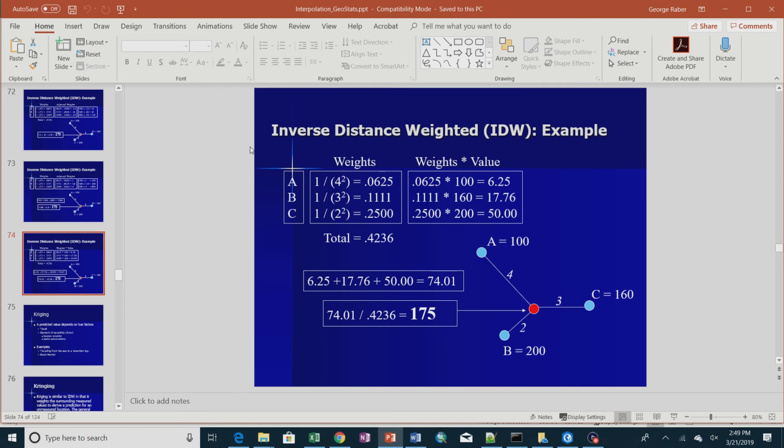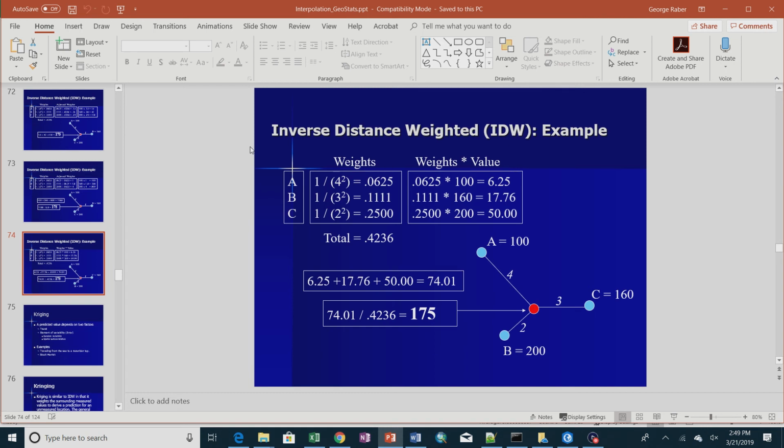Okay, just to let you know, it's not mathematical wizardry here or anything, but some people prefer one approach over the other. You can take the original values and multiply them by the raw weights and then add those up.